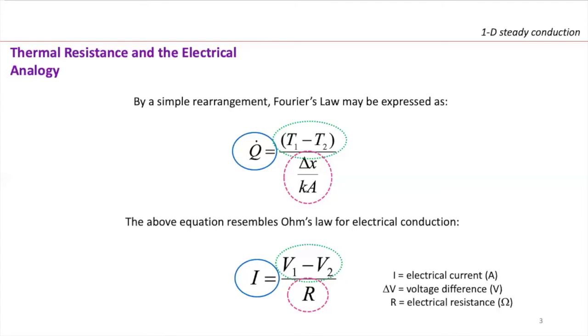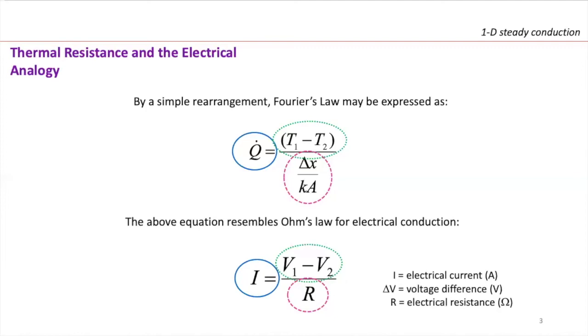Or in pipes, we also surround our pipes by another layer of insulation in order to impede the heat transfer rate, right? So this kind of analogy is very, very important in heat transfer, and it helps us to solve problems when we are dealing with all these layers, okay?